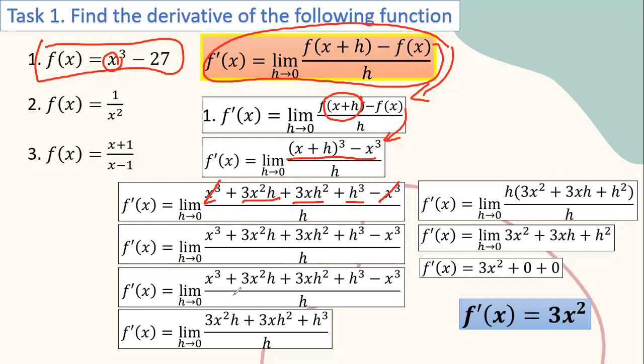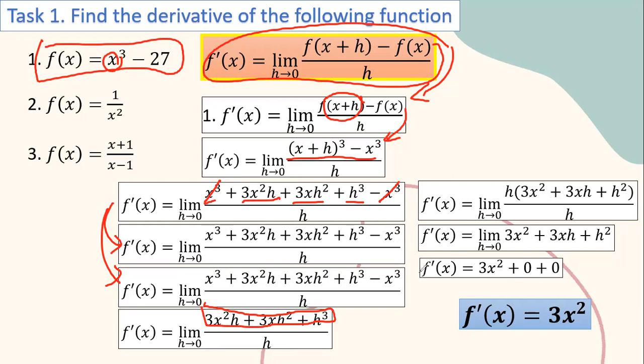So we get, okay, so these are the same. Okay. And then ang matitira ay 3x squared h plus 3xh squared plus h cubed all over h. Okay. Evaluate the limit as h approaches 0.